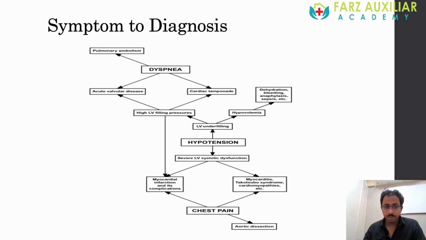And if the patient is having hypotension, we have to identify whether there is a severe systolic dysfunction because of myocardial infarction or myocarditis, or whether the patient is having LV underfilling because of hypovolemia, because the patient is dehydrated, or the patient is having an ongoing hemorrhage. We can identify this with echocardiography in a matter of 5 to 10 minutes.